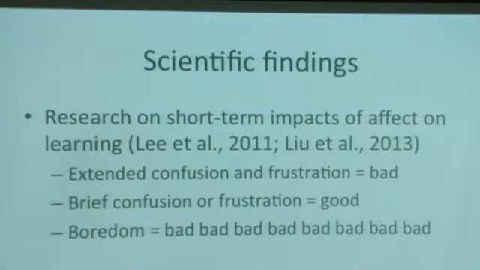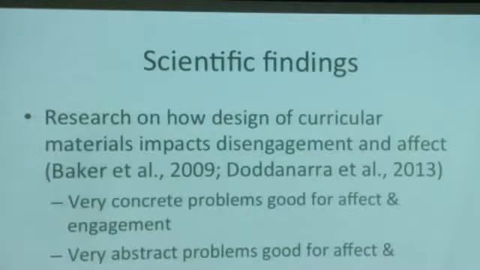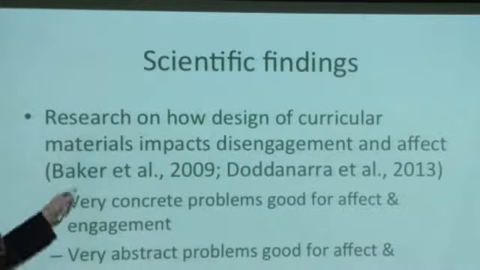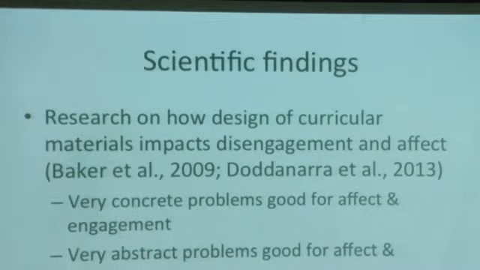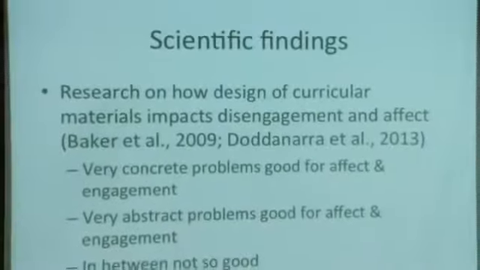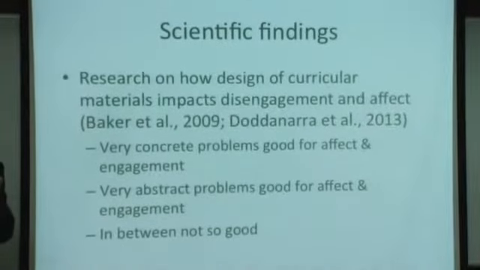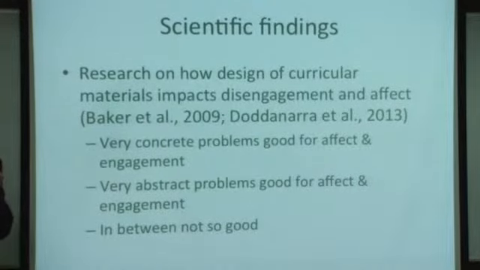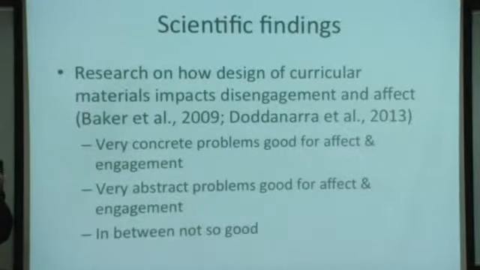So, another one is research on how the design of curriculum materials impacts disengagement and affect. My group, including Lakshmi Dodonara, did some analyses where we found, for example, that very concrete mathematics problems are good for affect and engagement. For example, there was one mathematics problem where students have to figure out a set of equations in the context of understanding the Iditarod dog sled races in Alaska.